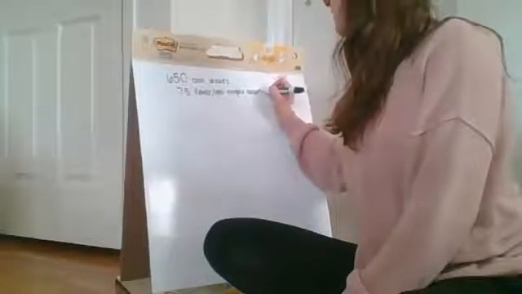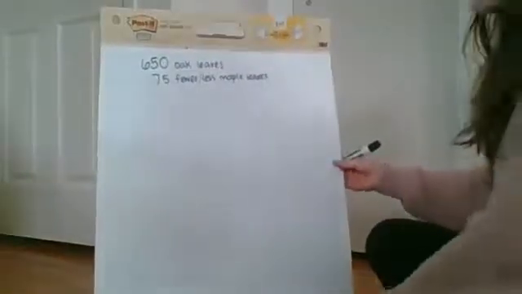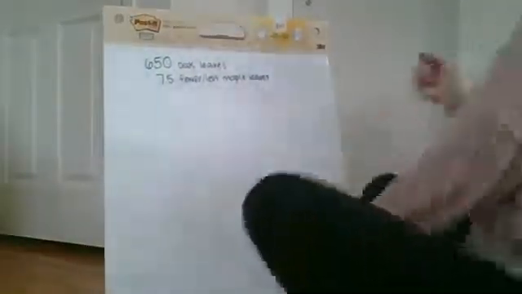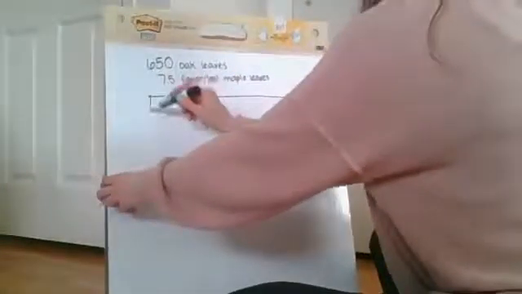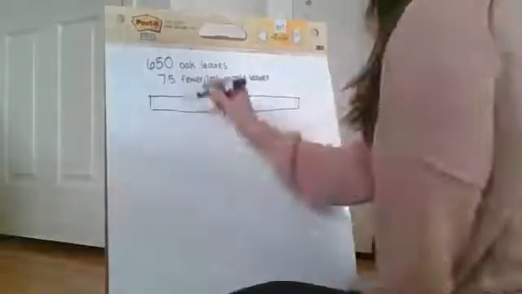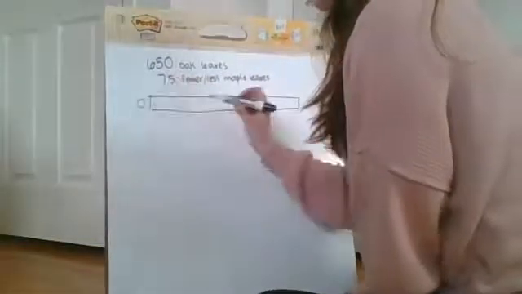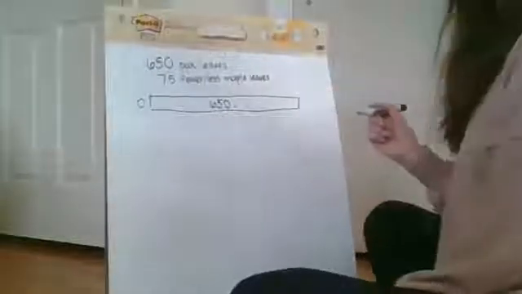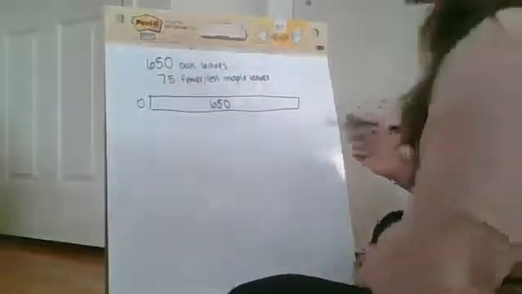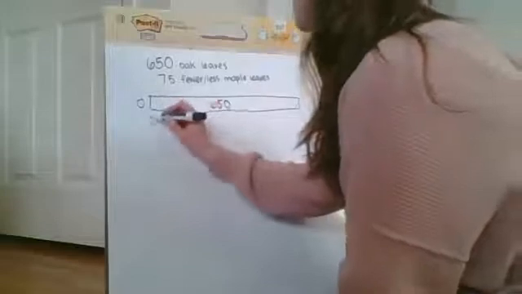So if I'm going to draw a tape diagram to match this problem, I'm going to think about the parts that I already know. Okay, so I know that he collected 650 oak leaves. So I'm going to draw my tape diagram. I'm going to label with an O for oak leaves, and I'm going to write 650. Now I know that he collected 75 less maple leaves.